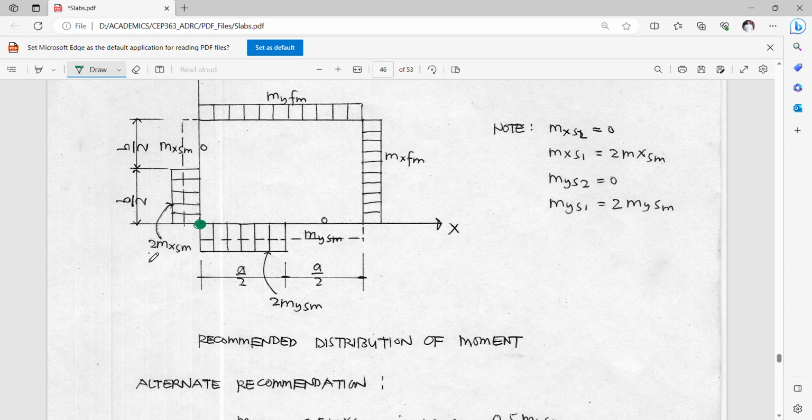So there is a twice distribution, and we assume the farther location along the support edge, the column support edge, to be 0. This is the recommended distribution by Hillerborg when it comes to the strip method.